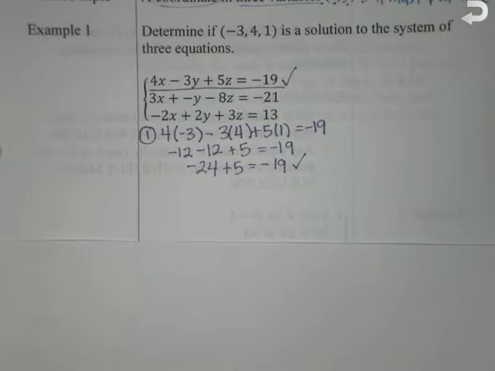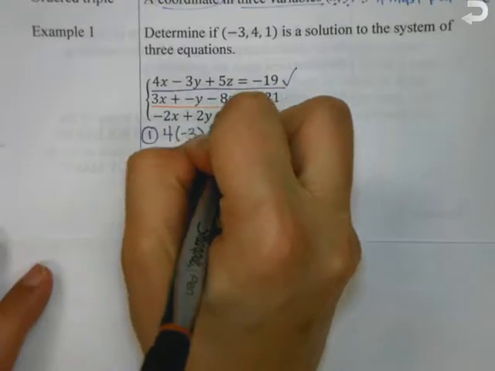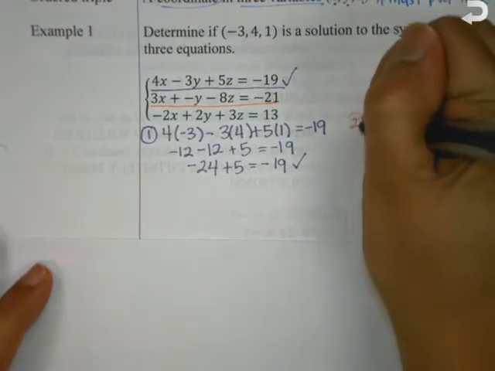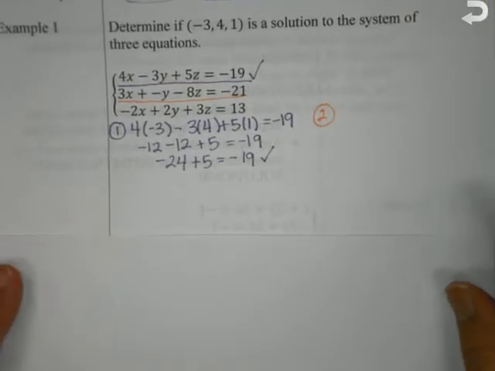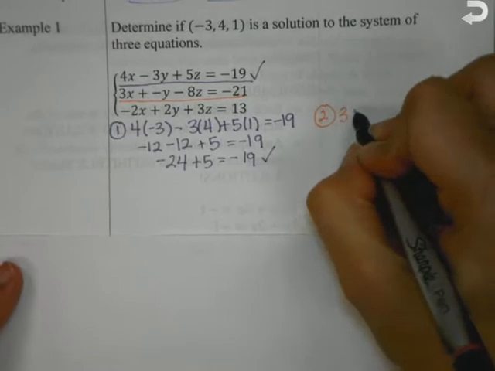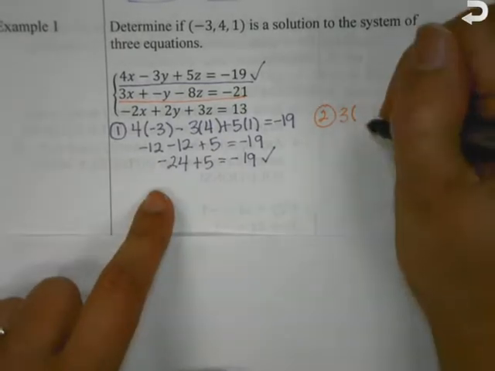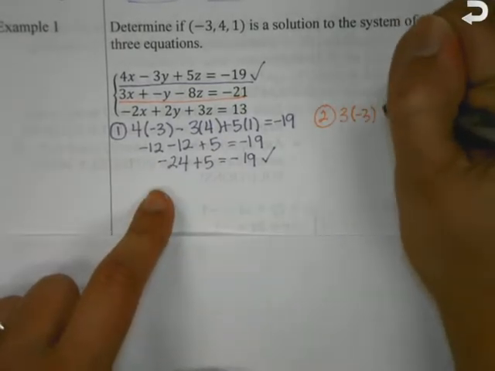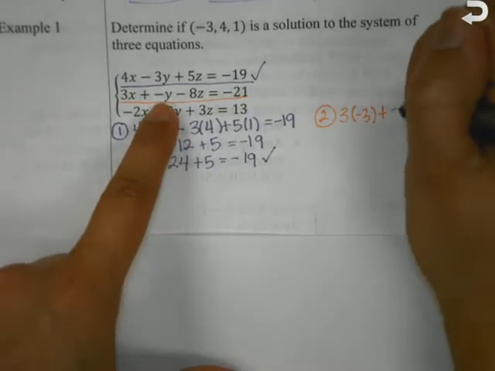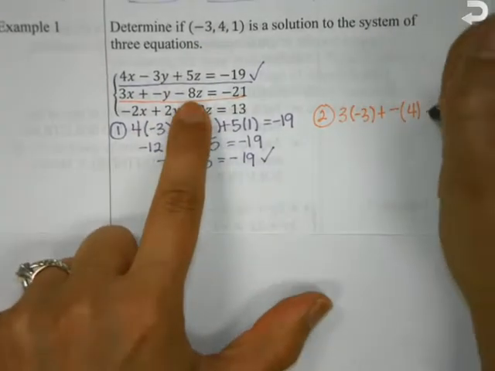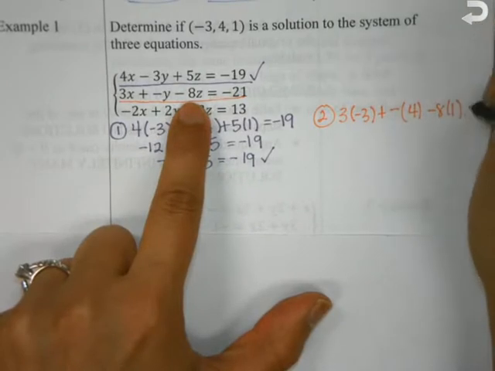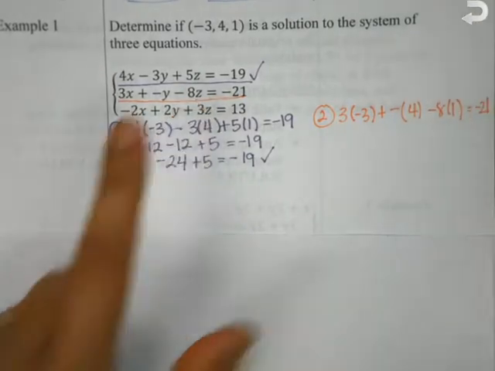Let's see. I'll do equation number 2 in orange. So let's do number 2 right next to it. That's 3 times -3 plus -y, so plus -4 minus 8 times 1 equals -21. That's what we want.